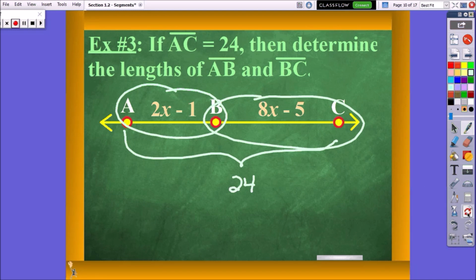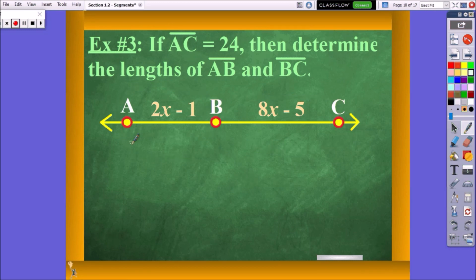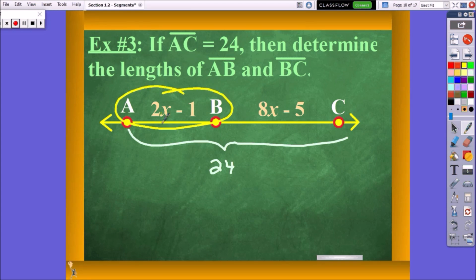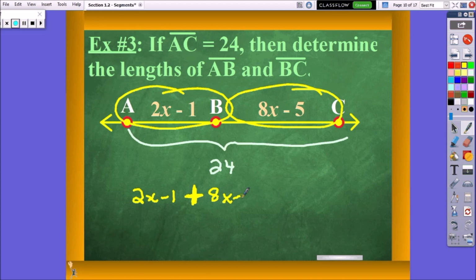So we're still going to use the segment addition postulate here. Again, let me put the 24 back into play. Let's take our one little segment, AB. It's got a length of 2x minus 1. And if I add to that little segment the other little segment, BC, which is 8x minus 5, well, we know altogether that should make the great big segment AC, 24.